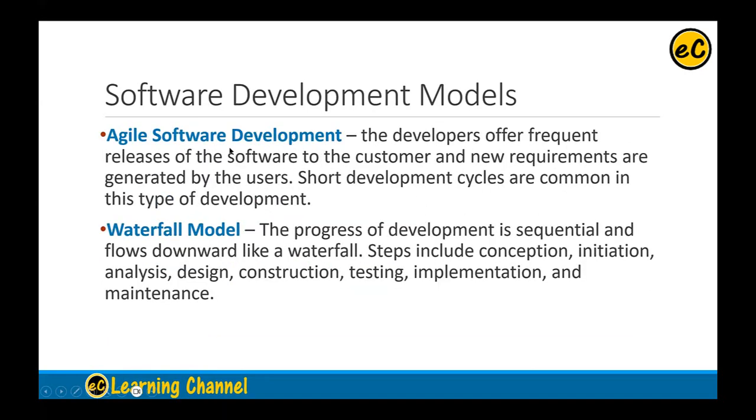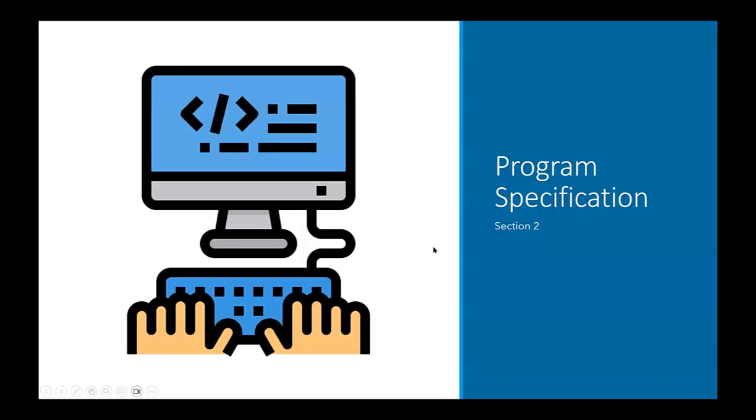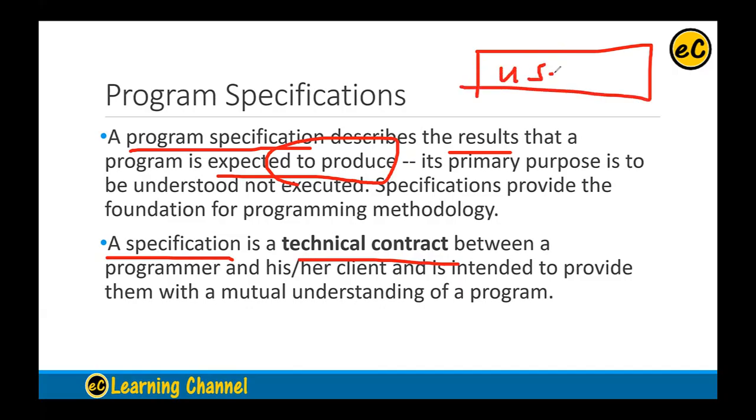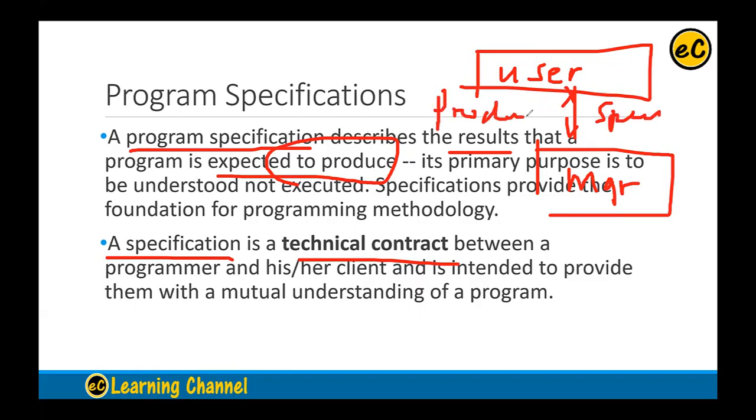Okay, so here you also have agile software development and waterfall model. Okay, first one is the specification. A program specification describes the result that a program is expected to produce. So basically a spec is a contract between the user and product managers, the company. We call it spec. This we call the product spec, okay?